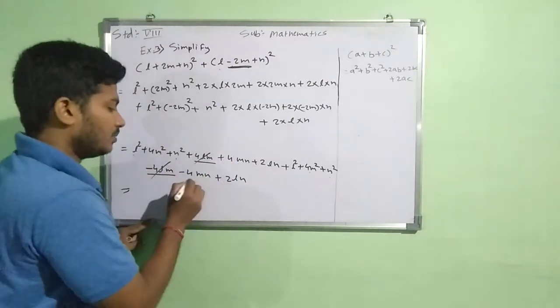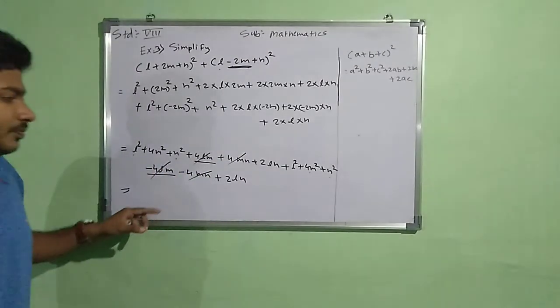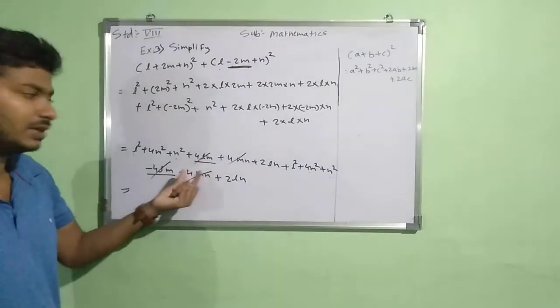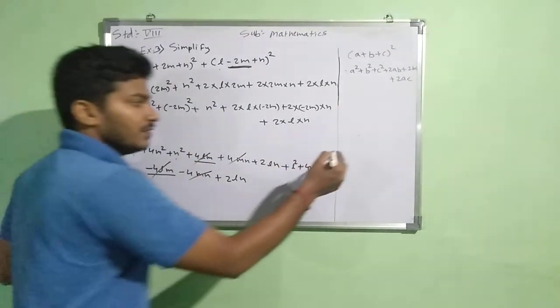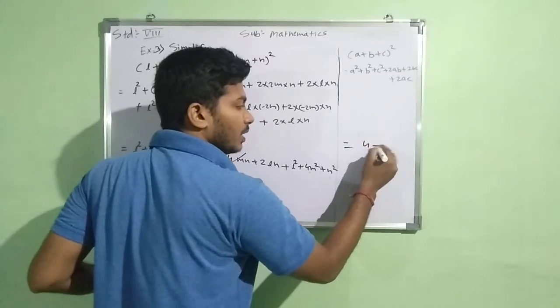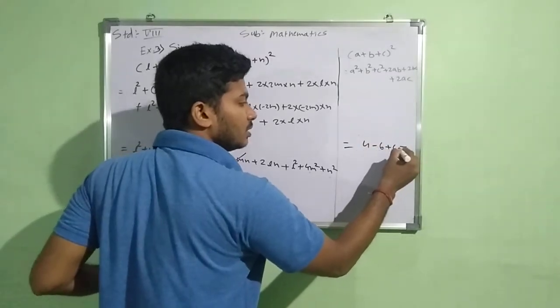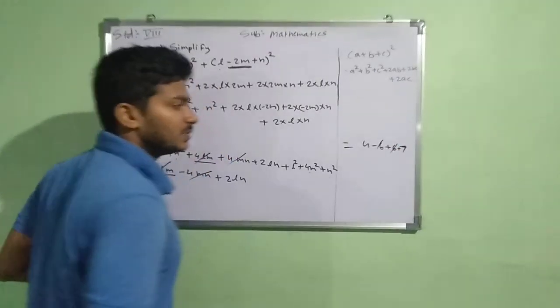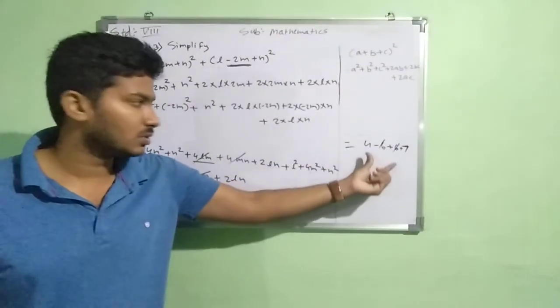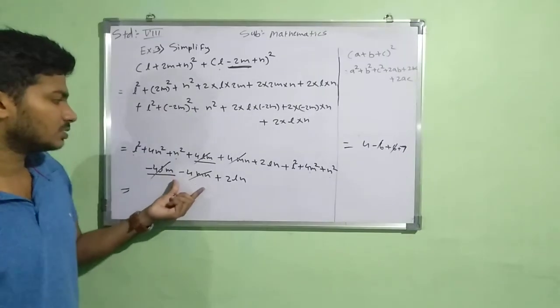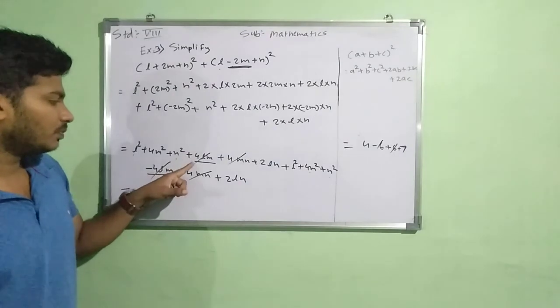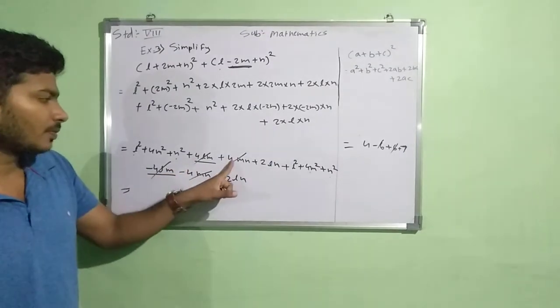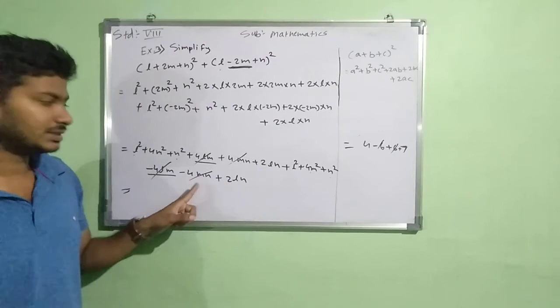So 4mn minus 4mn we can cancel because we have the same thing on the same side with opposite sign. Similarly, if you have on the same side 4 minus 6 plus 7, we can cancel 6 and minus 6 because the value will be 0. So similarly here also, 4lm minus 4lm and 4mn minus 4mn get cancelled with each other.